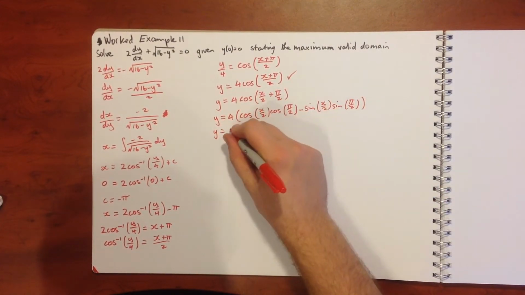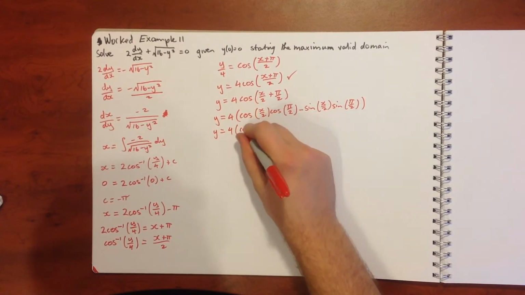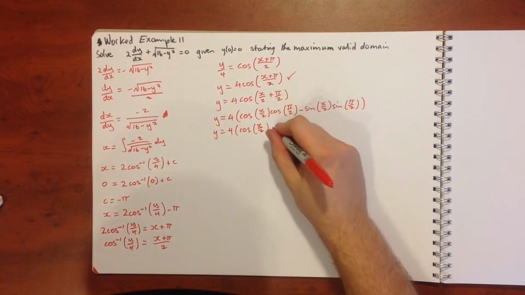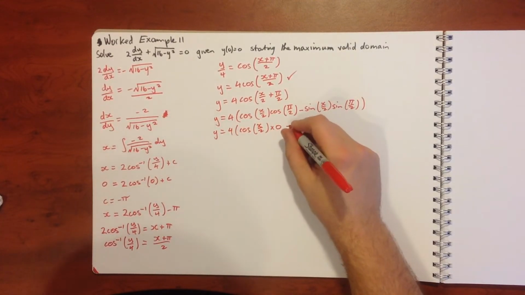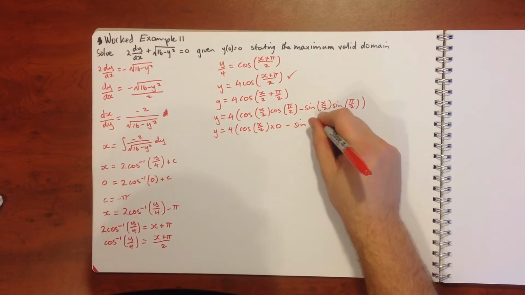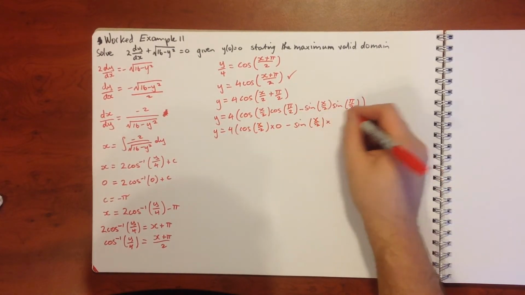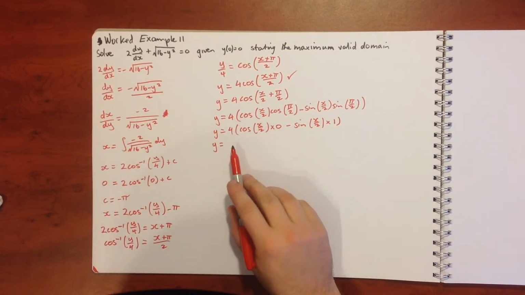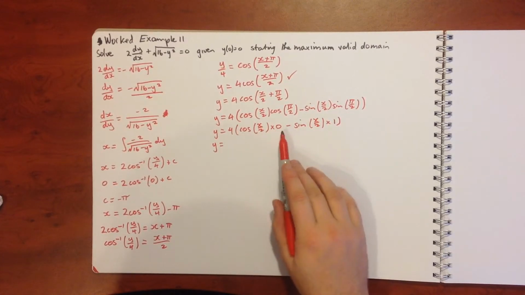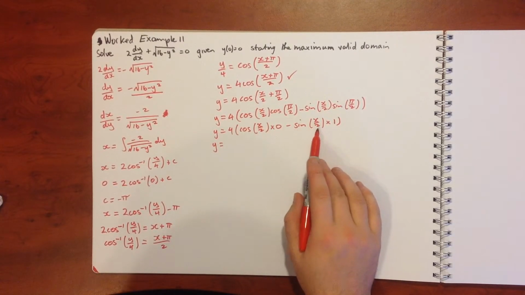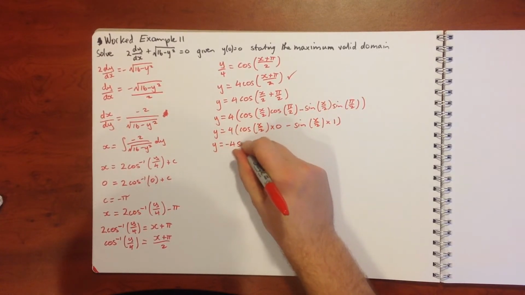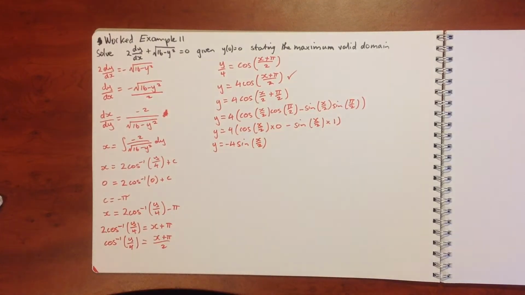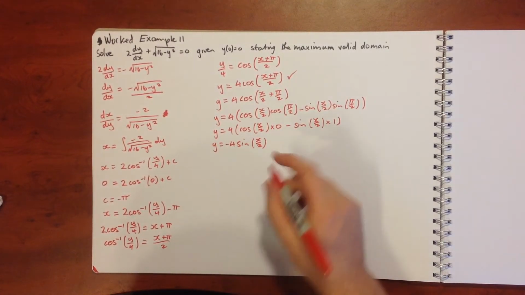Well, cos of pi on 2 is 0, minus sine of x on 2 times, well, sine of pi on 2 is 1. So we lose this part altogether, and we're just left with negative sine of x on 2. So we've got negative 4 sine of x on 2.